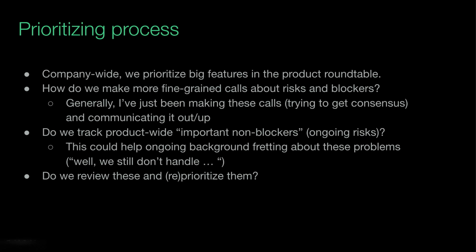I don't have a place to put that issue, like, how do we make sure we don't lose track of that one? And I think it would be nice if we did. We do have the product roundtable for prioritizing a lot of the big stuff, and maybe that's a venue where we could talk about the risks introduced by the update project this week or something. But anyway, I don't really know what the answer to this is, but hopefully it's something we can talk about.